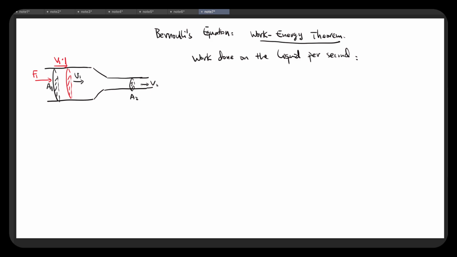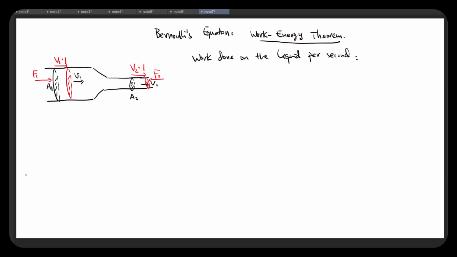And on the right side, for the narrower tube, there's a similar displacement, V2 times 1 second, under the force F2. Now F2 is going to be pointing to the left side, right? Because it's applied on the liquid from the right side of the liquid, and that's F2.